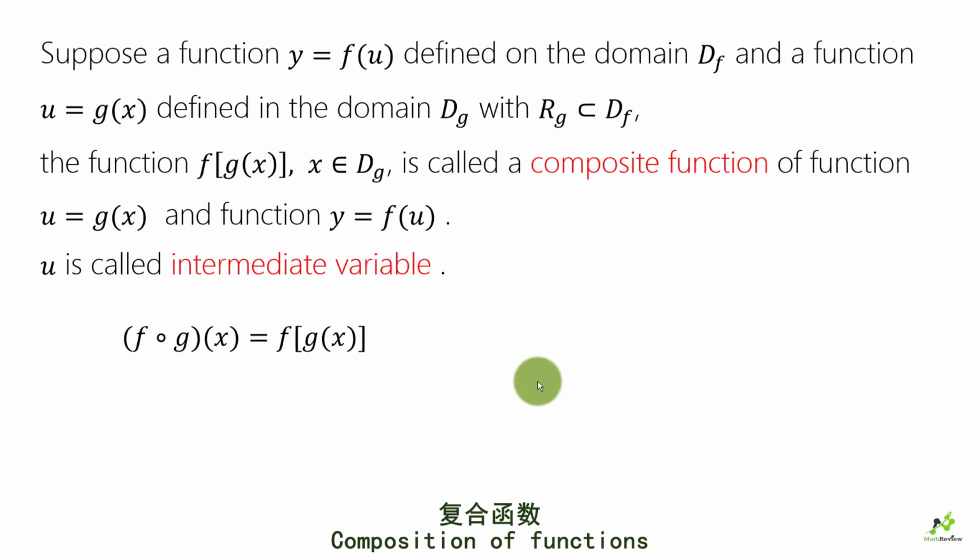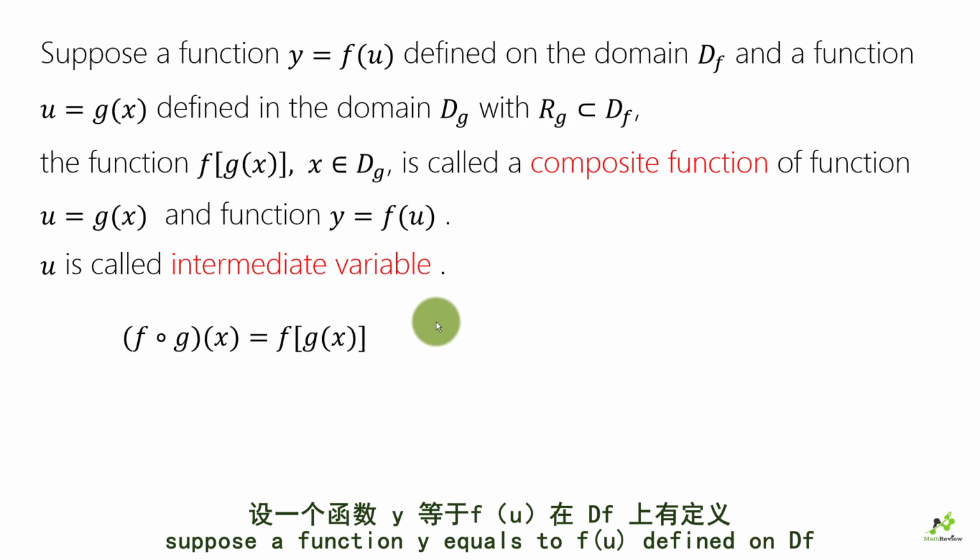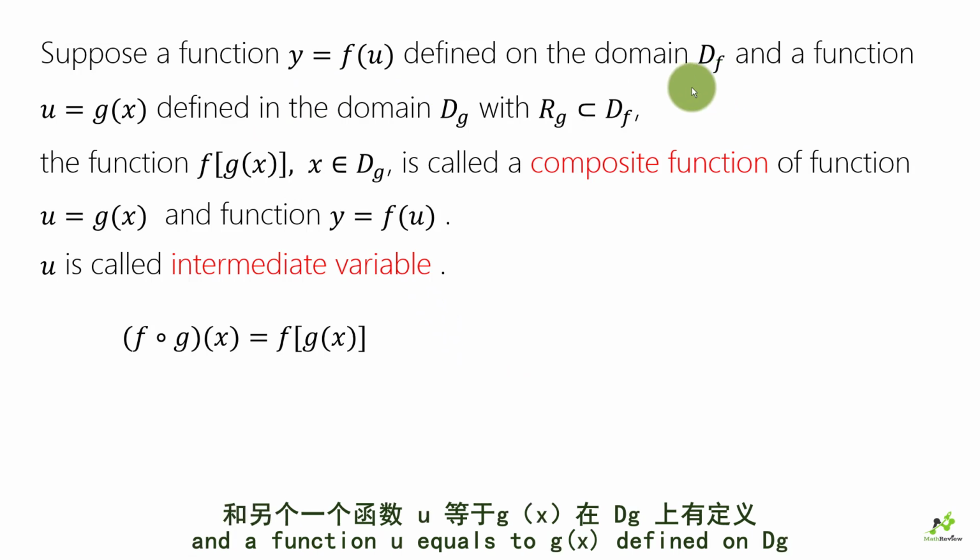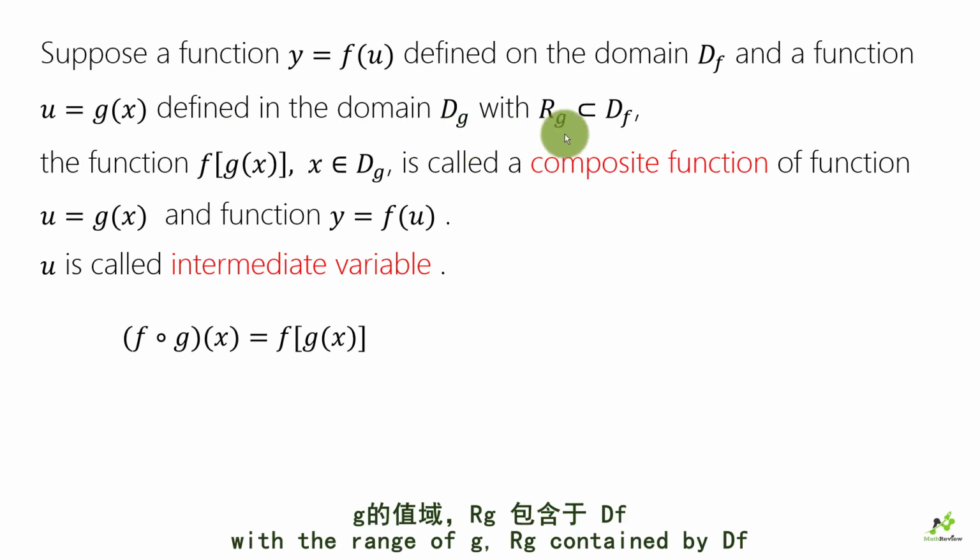Composition of functions. Suppose a function y equals f of u defined on Df, and a function u equals g of x defined on Dg, with the range of g, Rg, contained by Df.